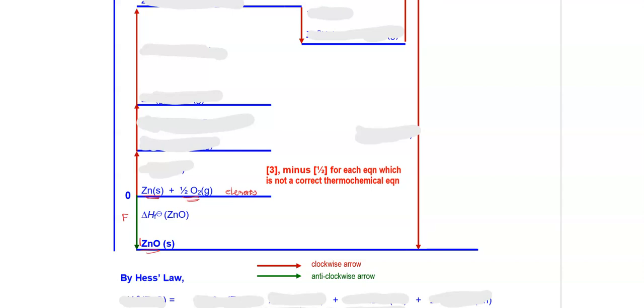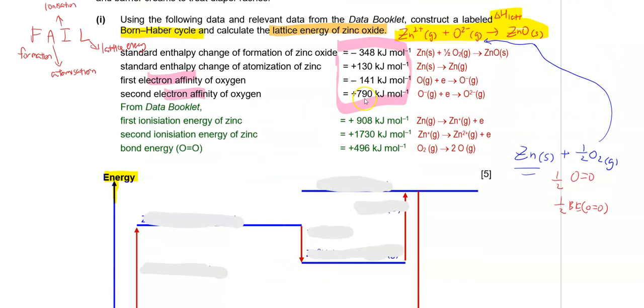So that's a formation. Once you're done with our F, we can move on to the atomization. So F stands for your formation. Okay, over here you can take the time to also write down the values. In this case, the formation of zinc oxide is negative 348. So I'm going to use green to write down all the enthalpy changes, negative 348.